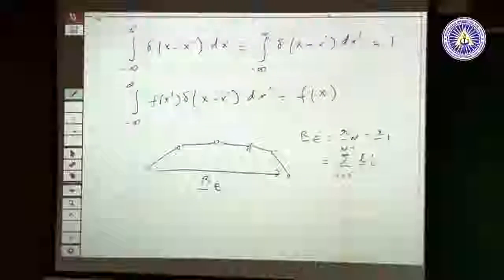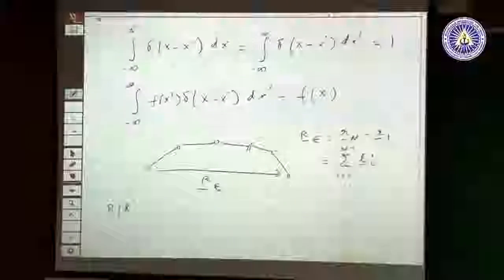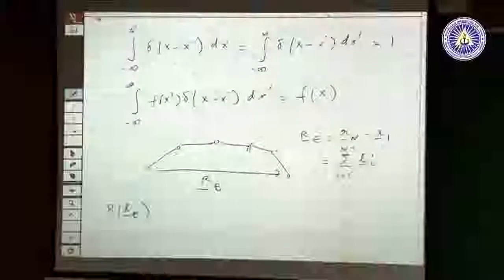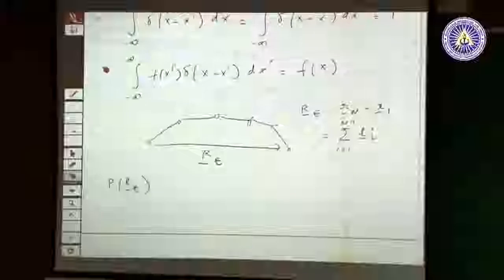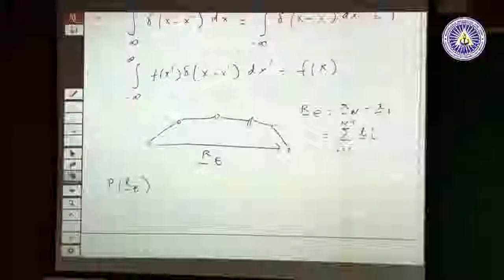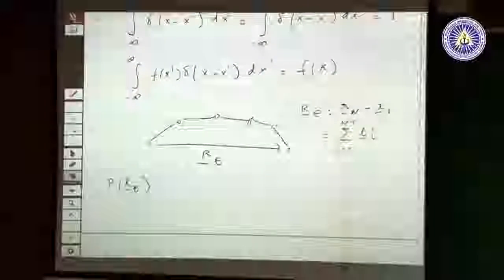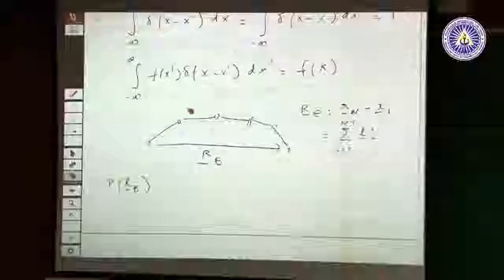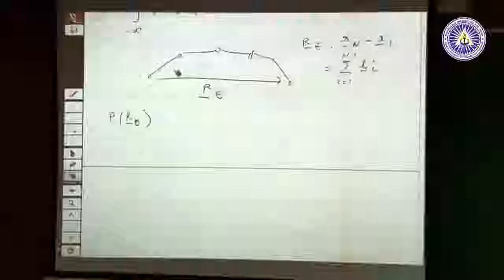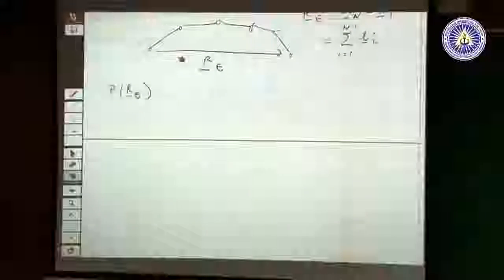If you add them up, you get the end to end vector. We are interested in the probability that the end to end vector has a certain orientation and magnitude given by RE. There are two ways of deriving this result: a formal way and an informal, hand waving argument. I will do the hand waving argument first to give you an idea of the solution.